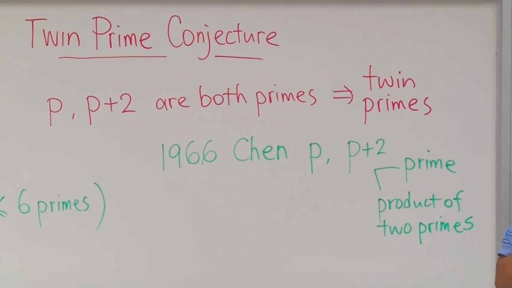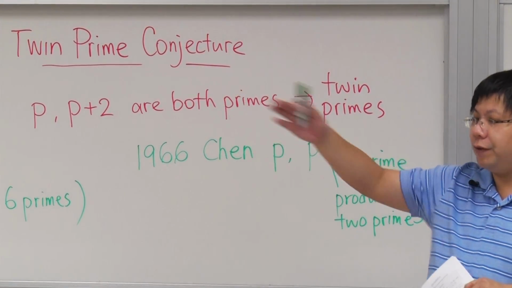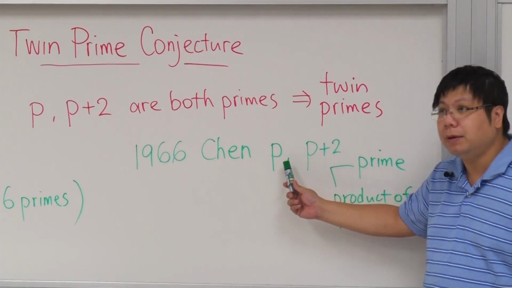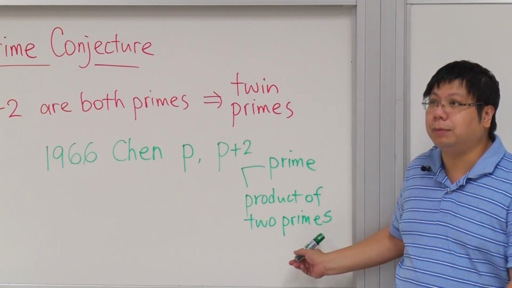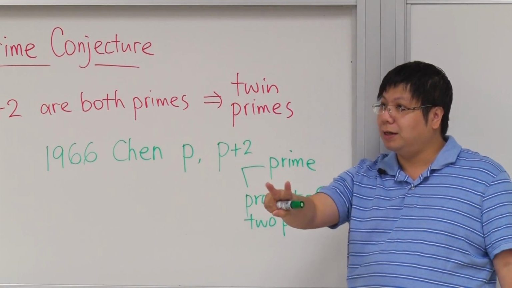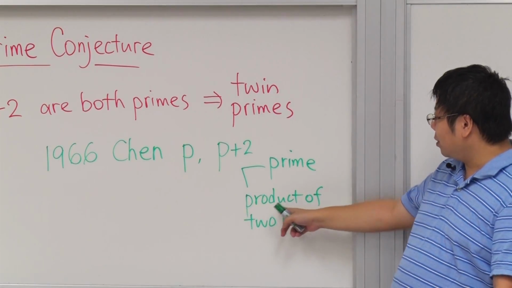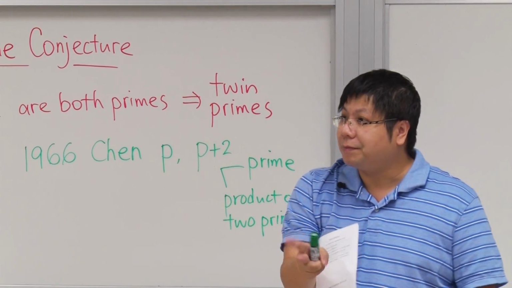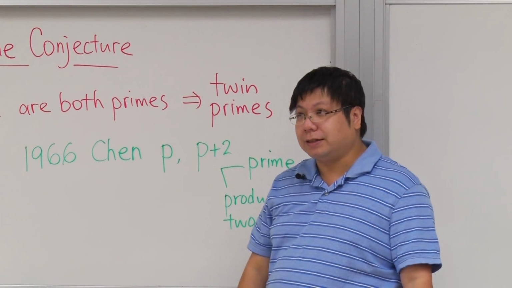So this is what Chen has said. You can always find infinitely many pairs of p and p plus 2 such that p is a prime, and p plus 2 is either a prime or something we call a pseudo prime, because it is a product of just two primes. It is really close to a prime, right? A prime has just one prime factor, and a product of two primes has two prime factors. Is that okay?